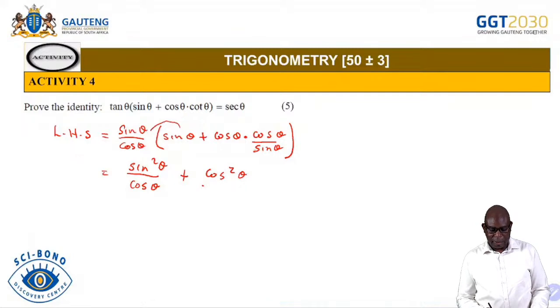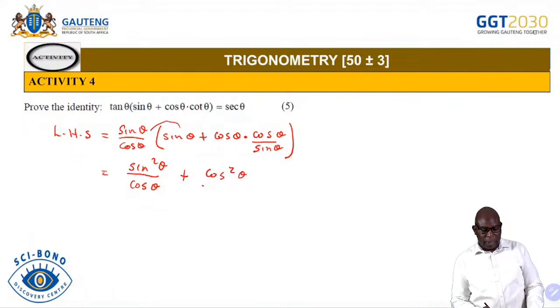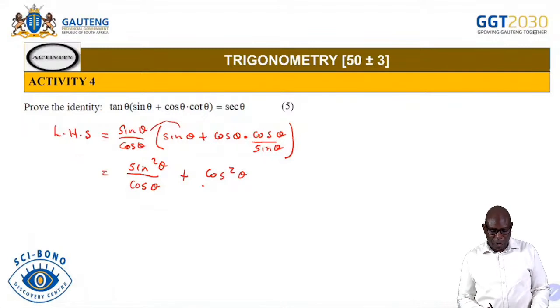I can see that one of the cos here will cancel with one of the cos, and this sine here will cancel with that sine there. So my answer will not have a square, and I'll only have cos of theta. Now if I want to work this one out, this is over 1. Cos times cos is cos squared. So it's sine squared plus cos squared all over cos theta.